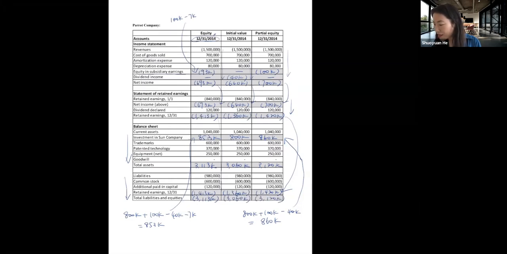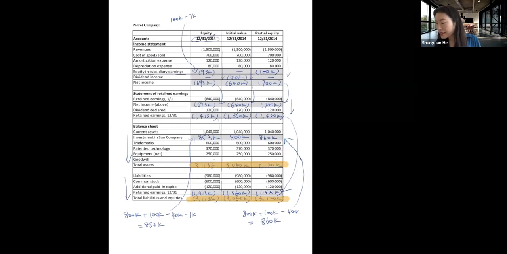And then one last check is your total assets should be equal to your total liabilities and shareholders' equity. If they don't equal, there's something wrong. You need to go back and check your calculation. So this is a comparison of the three methods for the first year, the year of acquisition.